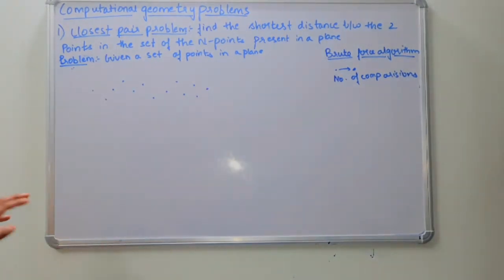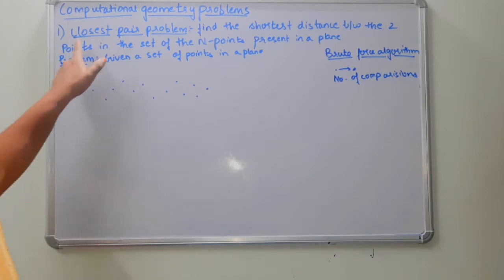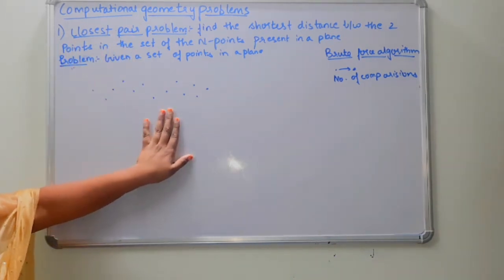Okay, these are the set of points which are present in the plane. Now let's perform the closest pair problem for this question.